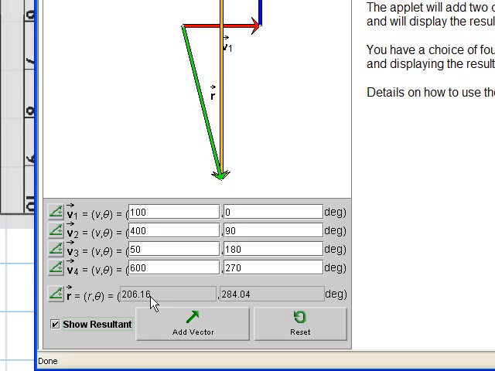So 2000, 2100, earlier estimated 2200. And it points to the lower right. Besides that, it says 284 degrees. We can see that, and we saw that earlier in the first graphical method. So use any one of these three options. This one here comes in more handy more often than not.